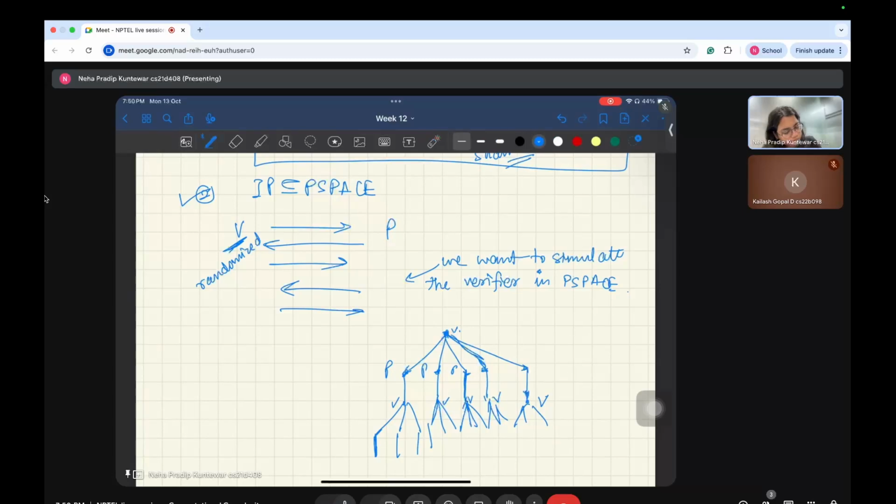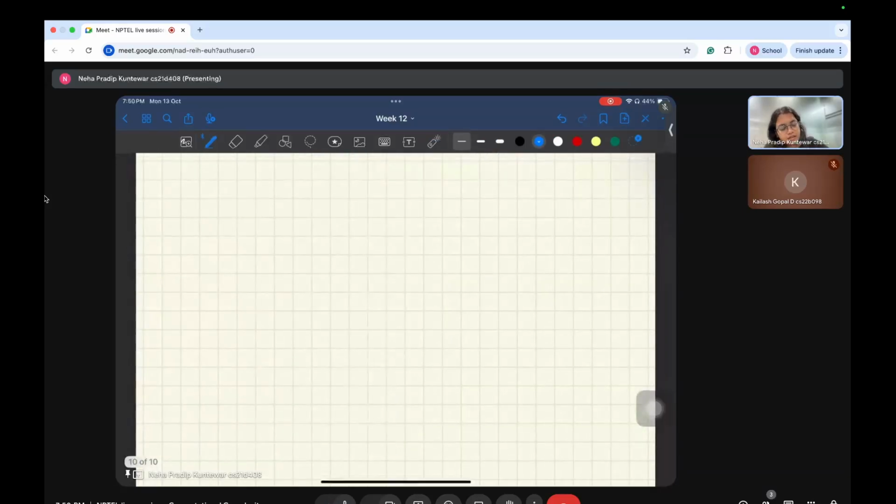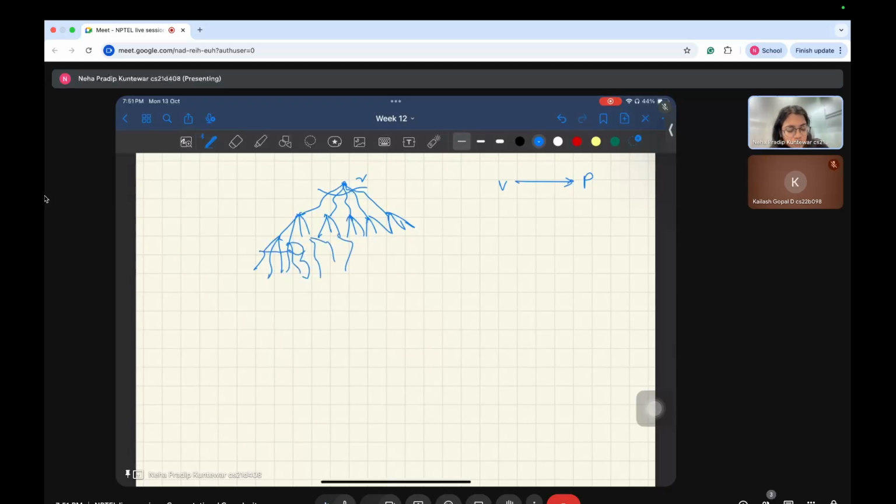Assuming the verifier speaks first, based on its random choices there are several queries it could send to the prover. Because the prover is all powerful, there could be several answers, and further the verifier tosses random coins, and so on. So this tree has more branches corresponding to the randomness of the verifier.